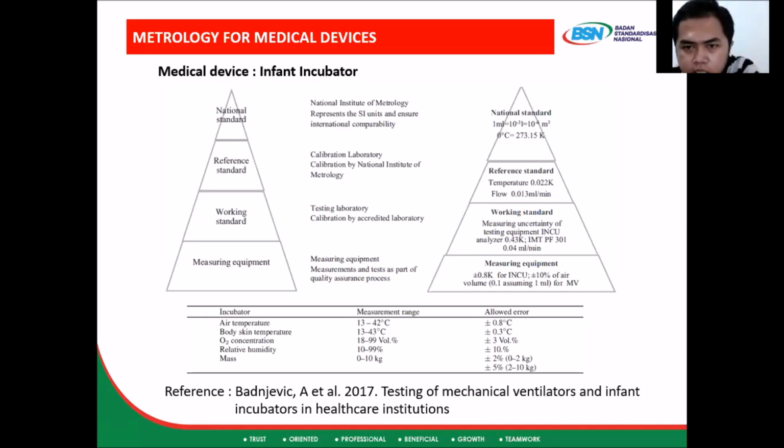Then this device is calibrated again with the reference standard with smaller uncertainty and traceable to the national standard itself. Measuring equipment is traceable to the testing laboratory, then to the calibration laboratory, and the calibration laboratory to the NMI.